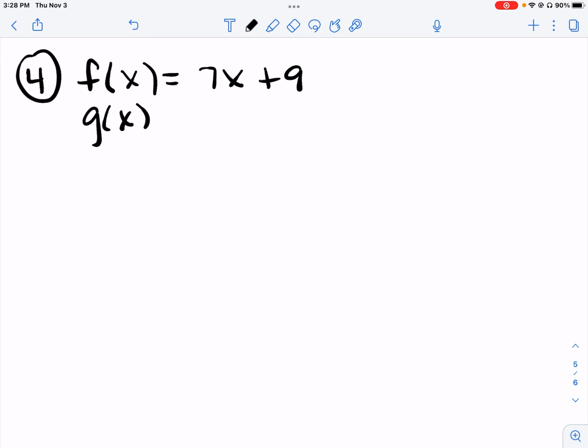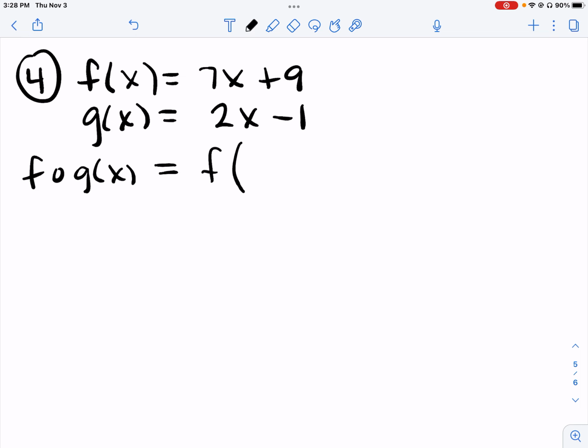Okay, number 4 gives an f of x and a g of x, and says define f of g of x. That small circle is the same thing as "of", which is the same thing as parentheses. G of x is 2x minus 1.